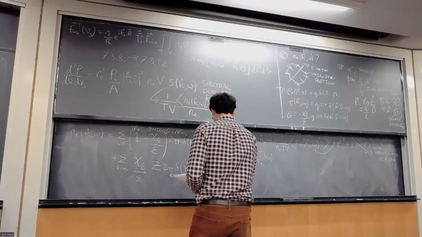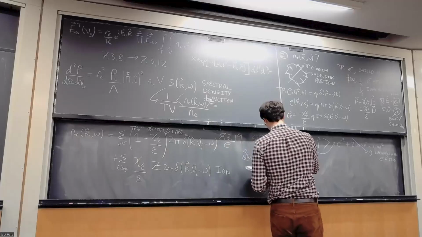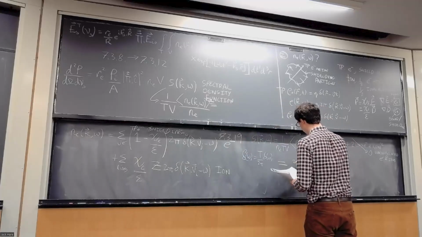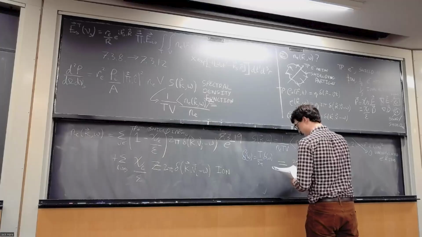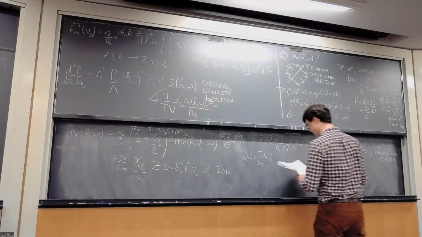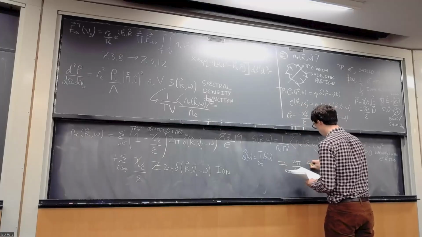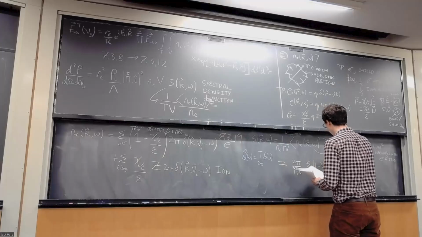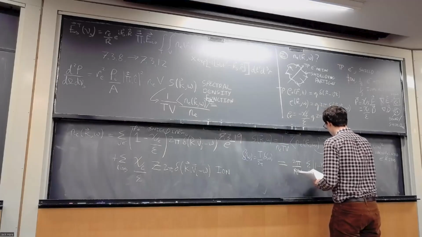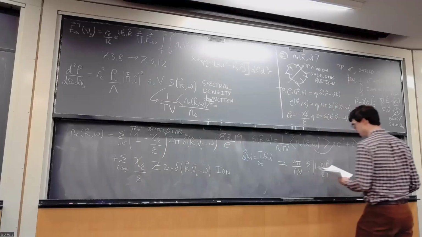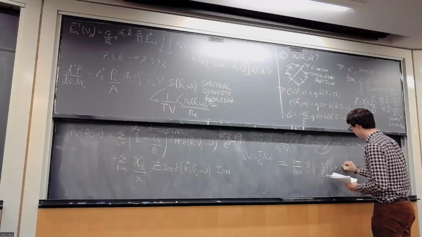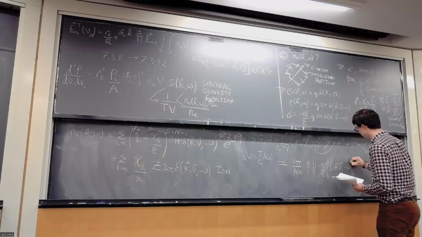And so all of this gives us 2 pi upon the electron density times the volume, sum over J electrons, 1 minus chi e upon epsilon squared, delta of K dot Vj minus omega.